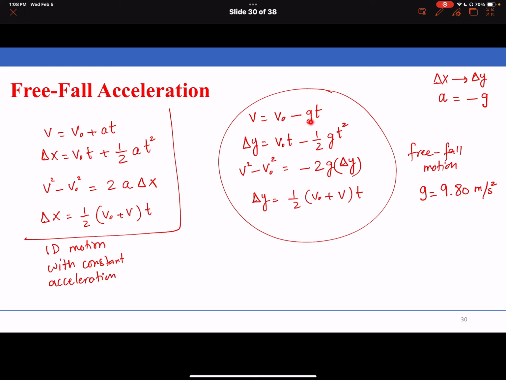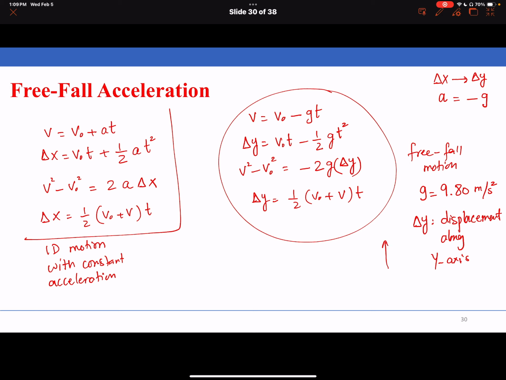So please do not put another negative sign, otherwise you will end up with incorrect answers. Delta y is displacement along the y-axis, or vertical axis. The rest of the quantities have the same meaning: initial velocity, final velocity, time. All those you're already familiar with.